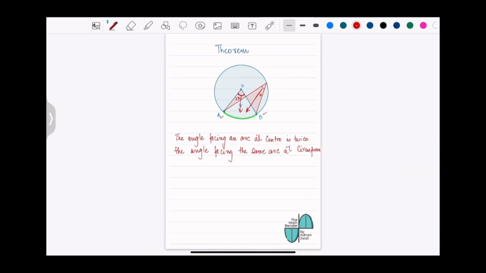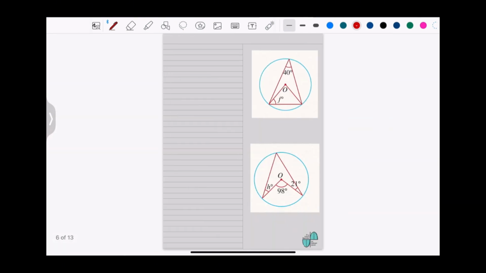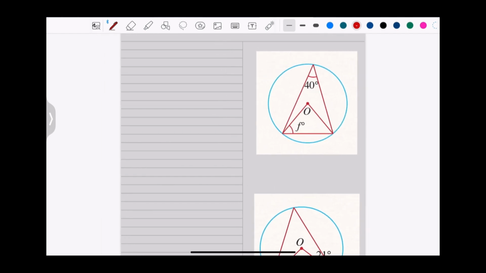Let's look at these types of questions. If you see the first one, the first step is to highlight the arc. This is the arc.